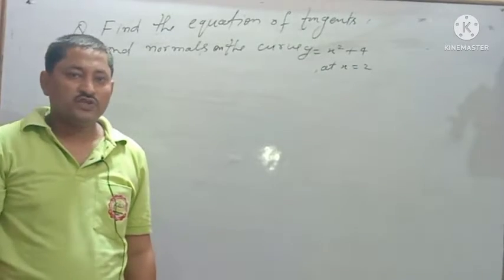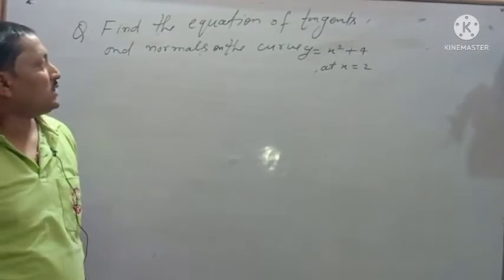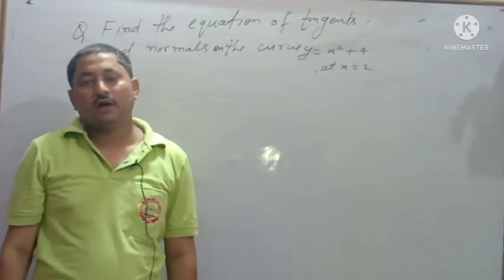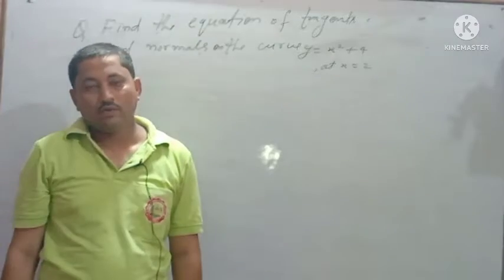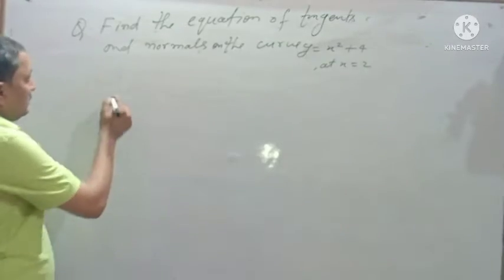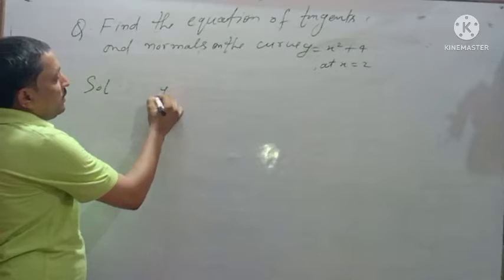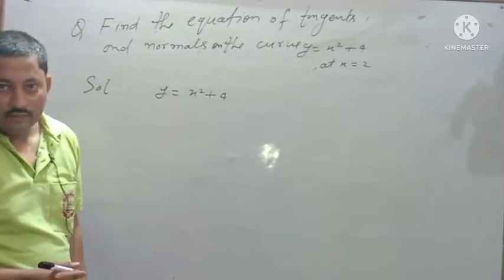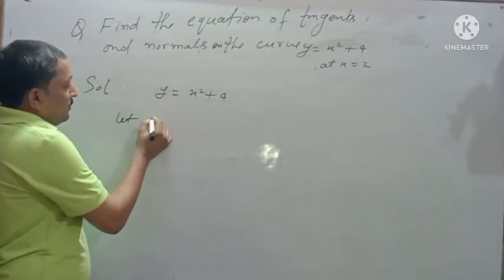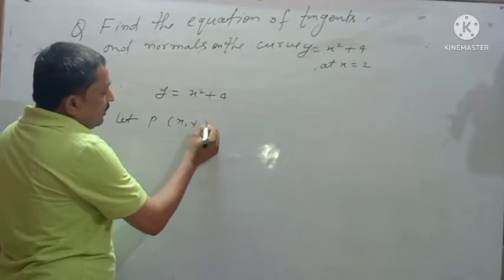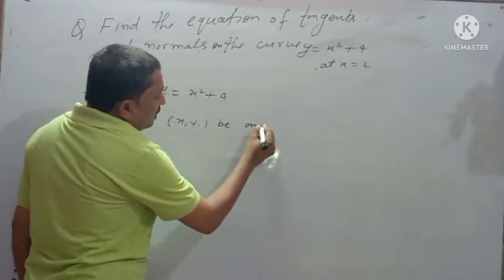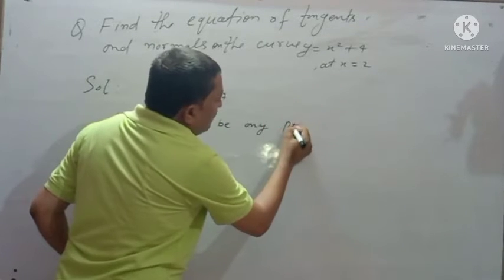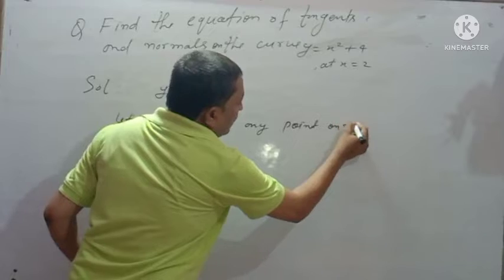Let us discuss the questions. Find the equation of tangent and normal on the curve y equal to x square plus 4 at the point x equal to 2. So we have a curve y equal to x square plus 4. Let P (x1, y1) be any point on the curve.